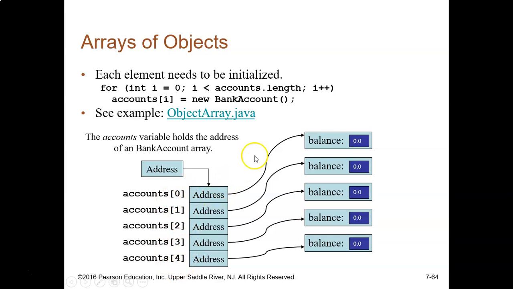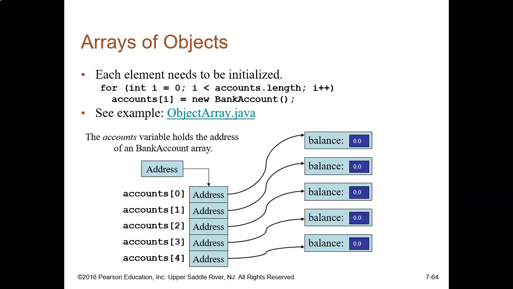And at that time the balances have been set to 0, because within that BankAccount class, if you go back and look at it, the constructor initializes the private instance variables with the balance of whatever is coming in. So now the balances in the account are 0.